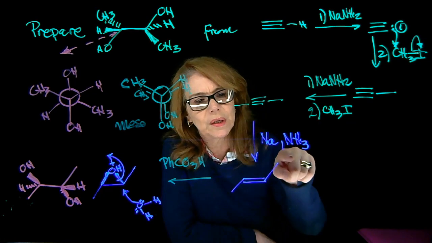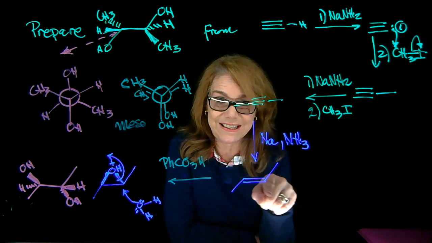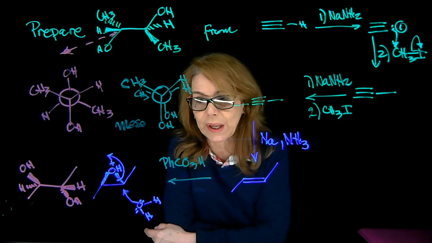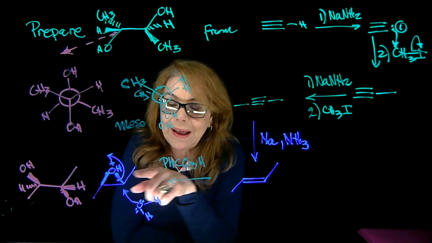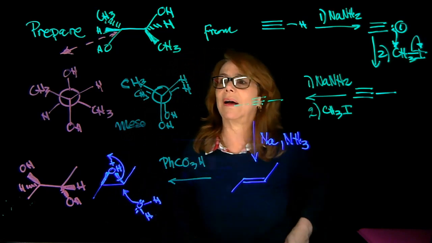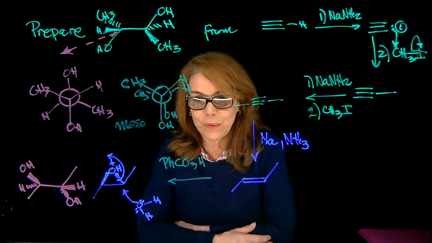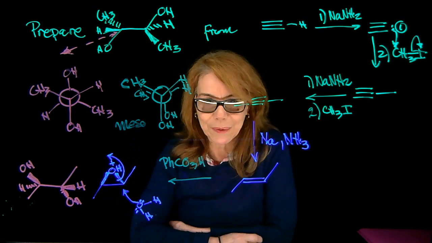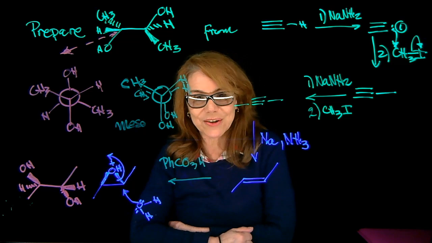Then we do the partial hydrogenation to get the trans alkene with sodium and ammonia, and then we create an epoxide, and then we do the nucleophilic attack to have the trans diol, and that way we get the meso compound that we want, our target molecule.